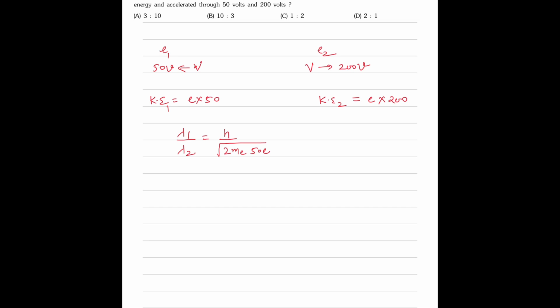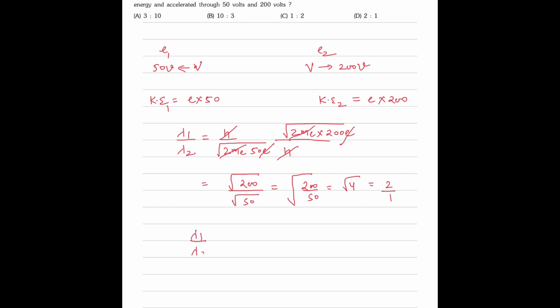Lambda 2 is h upon square root of 2 into mass of electron into second kinetic energy, which is 200E. So this is the ratio. Again h cancels h, 2m_e cancels 2m_e, charge E cancels charge E, so it will be square root of 200 upon square root of 50, which is square root of 200 by 50. It is square root of 4, which comes out to be 2. So the answer is: lambda 1 by lambda 2 is basically 2:1.